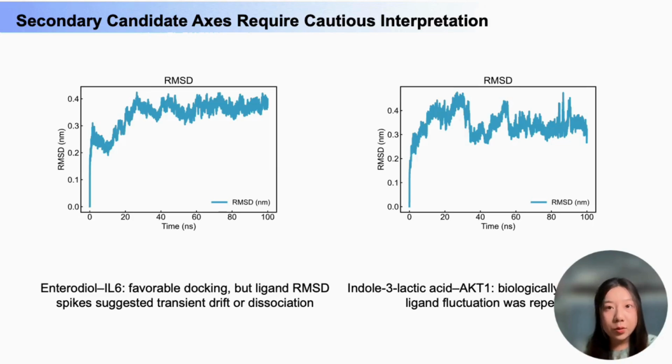Therefore, we didn't treat these two axes as equal to the primary axis. We considered them secondary candidate axes that still need further validation. This cautious interpretation is important for computational studies. It helps avoid overclaiming and makes the conclusion more balanced.